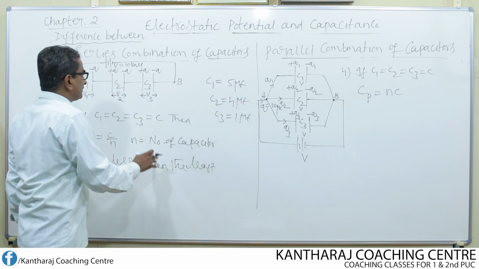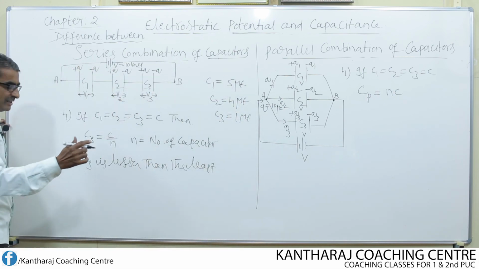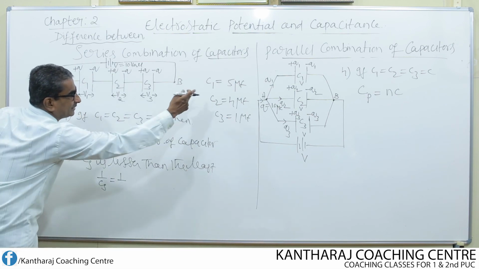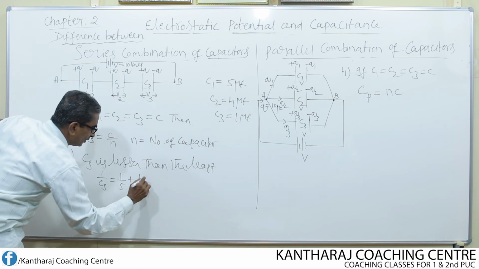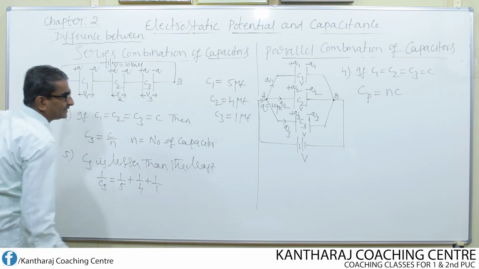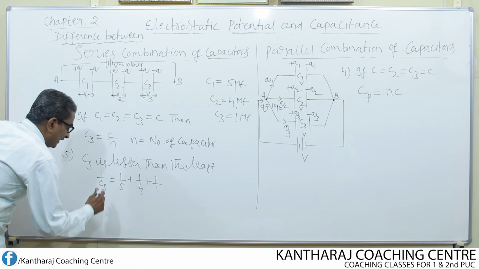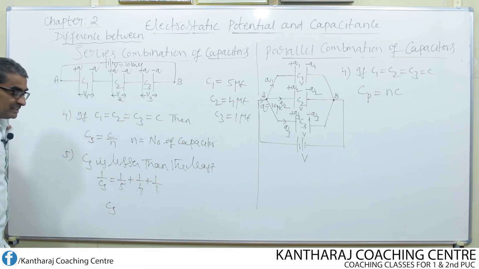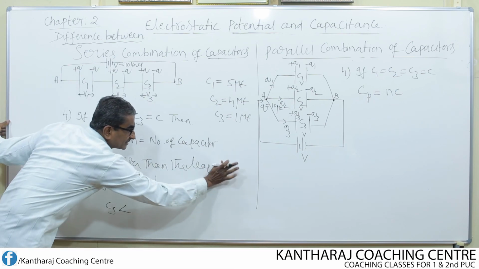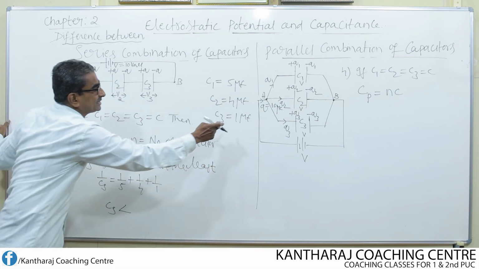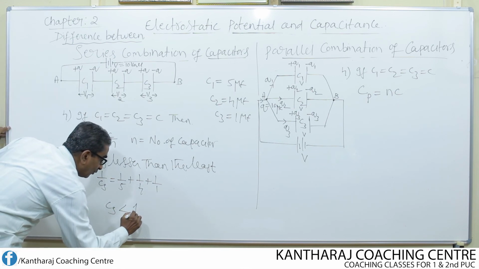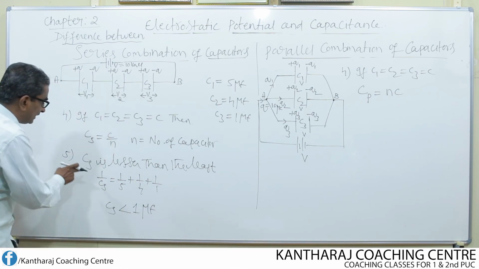If you find the capacitance of the entire series combination using the formula 1 over Cs equal to 1 over C1, C1 means 5, plus 1 over C2, C2 means 4, plus 1 over C3, C3 means 1, and simplify, Cs is found to be lesser than the least, which is the least value, 1 microfarad. Now Cs is found to be less than 1 microfarad. So that is the meaning of this sentence.